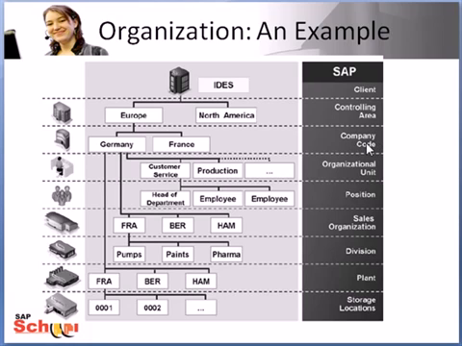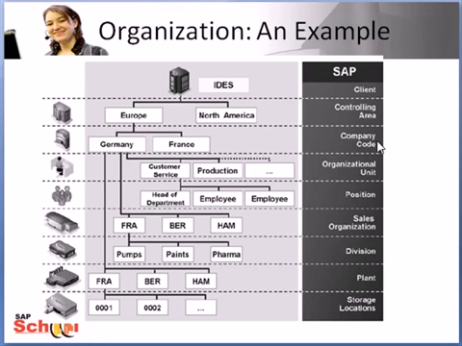Company code is a legal independent accounting unit representing the central organizational elements of financial accounting. The company code also represents the tax law, represents the fiscal calendar, the local currency, and the tax reporting requirements.